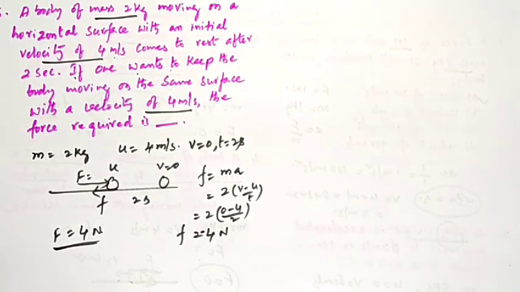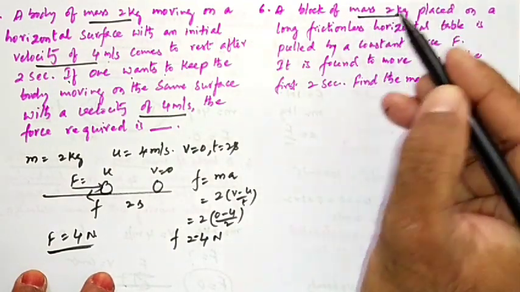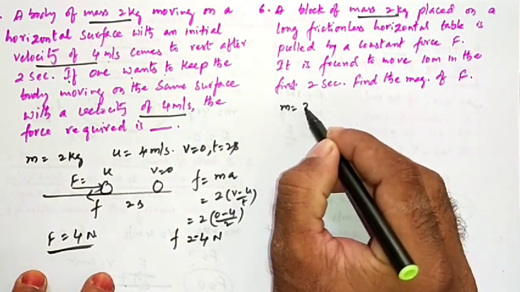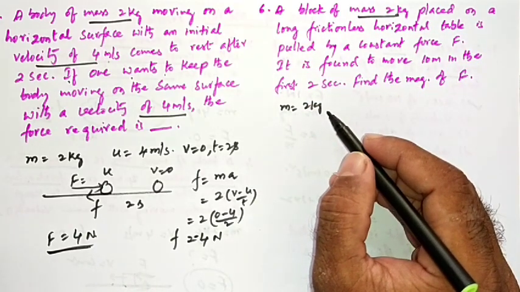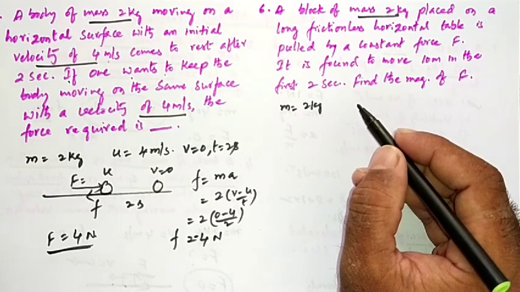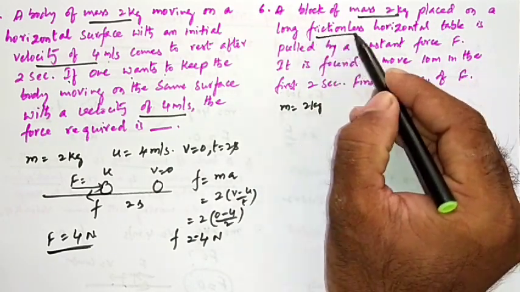Next, let us see one more question. See this question, Nana. A block of mass 2 kg. While reading the problem you should write the data, so it doesn't consume our time, it saves our time. Placed on a long frictionless horizontal table, there is no friction.